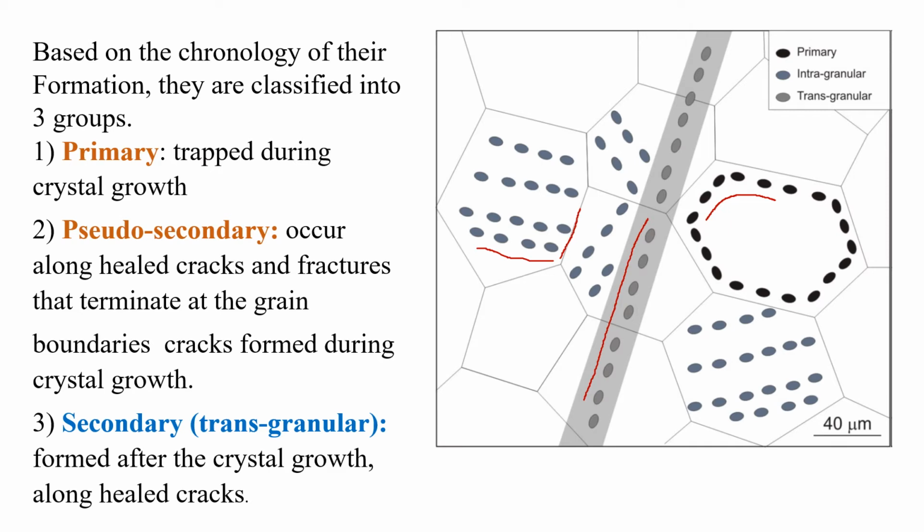These are also known as transgranular fluid inclusions, and they are intruded along some of the cracks that are formed due to some deformation activities. But we will use only the primary fluid inclusions to study the crystallization history of different minerals, because these are actually formed during the growth of the crystals.